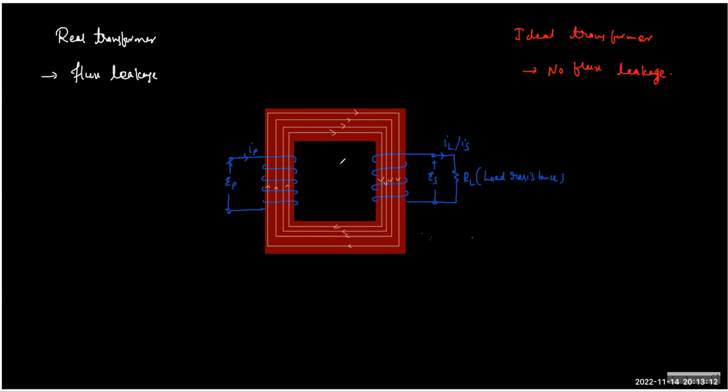So how powerful a reverse field we need in order to make the retained field go back to zero is called coercivity. So there are two terms which you will come to know: one is called retentivity and the other coercivity.